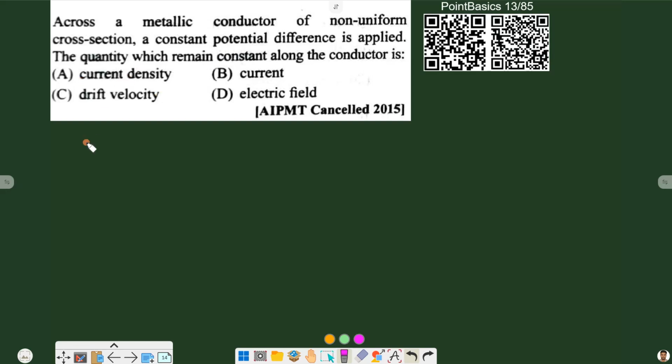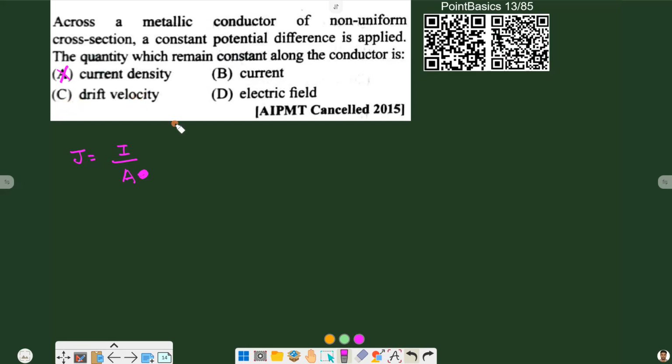Coming to the current density, J is given by current by area. As we know that area is non-uniform, area is variable. So J is variable, so it can't be the answer.